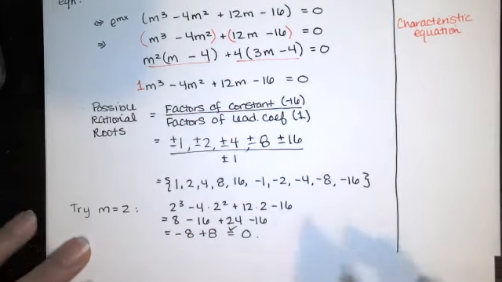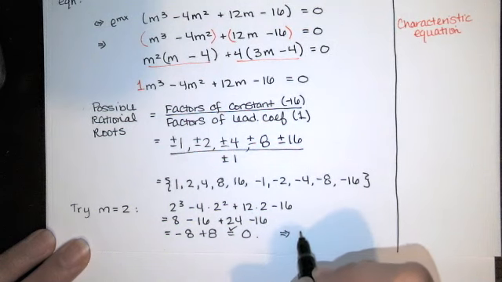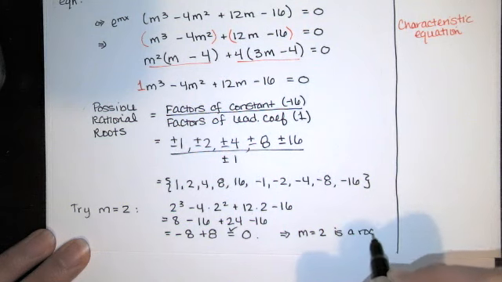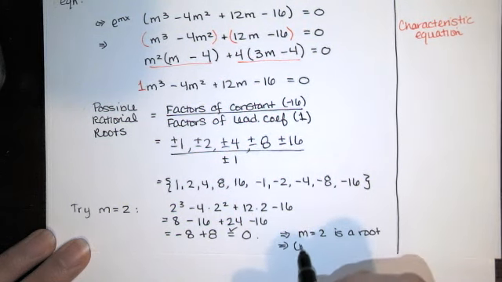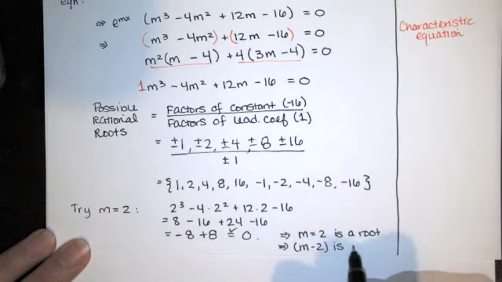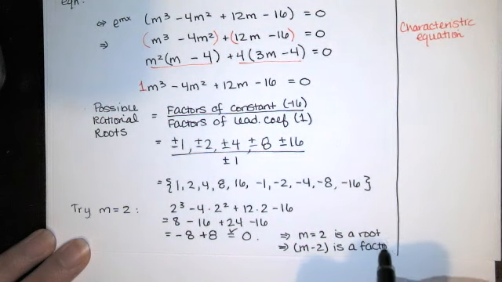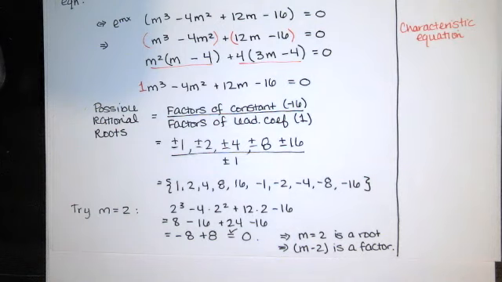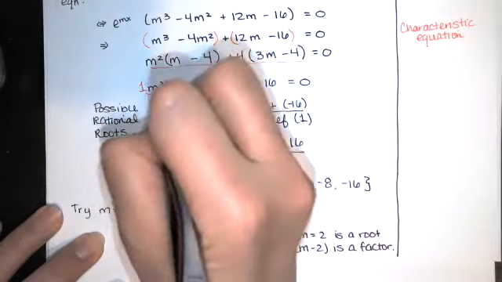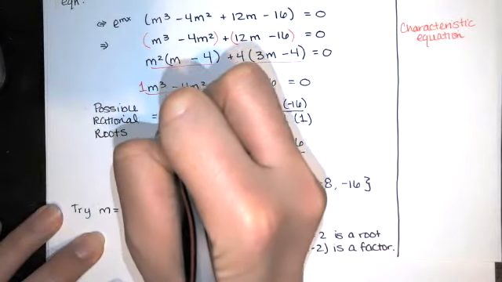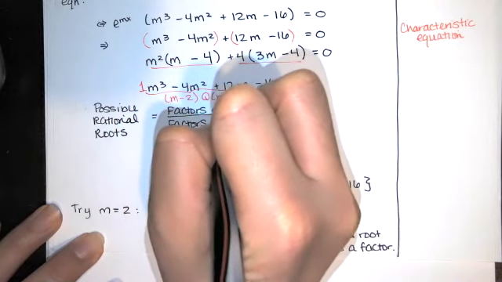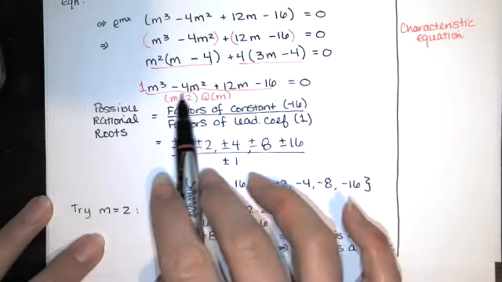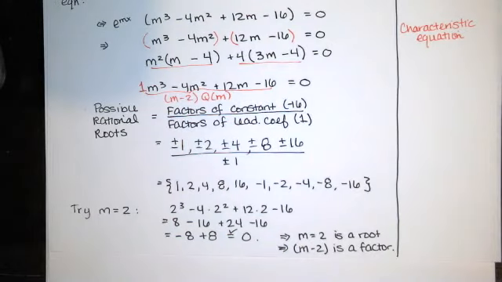So m equals 2 is a 0 of the polynomial, or it's a root. That means that m minus 2 is a factor of the polynomial. So this can be written as m minus 2 times some quadratic function. To find that quadratic function, we want to take this polynomial and divide by m minus 2.